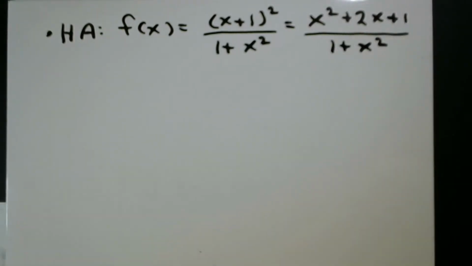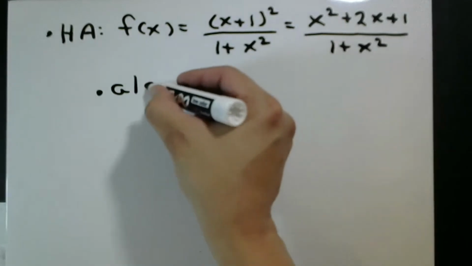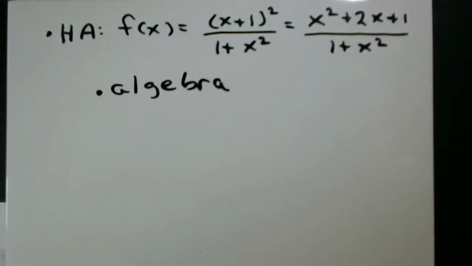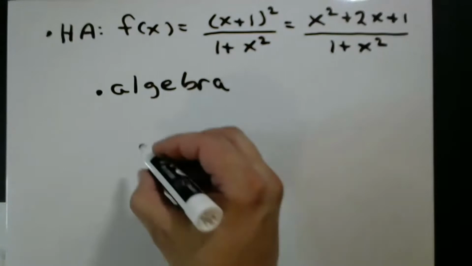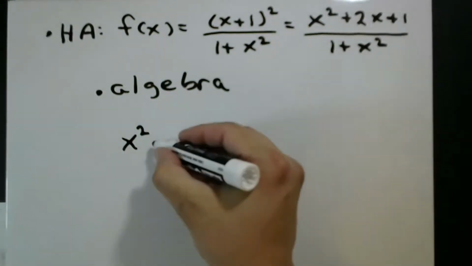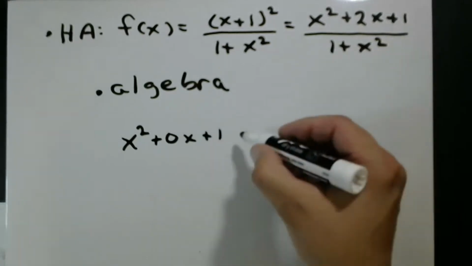So I'm going to do this the algebra way. And this is where you have to bring back those long division skills for polynomial division. So we're going to divide this by that. So x squared, we need to have an x term. This is one of those things you have to do with this long polynomial division.